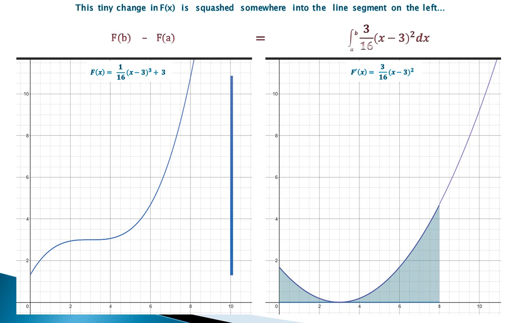This tiny change of f of x is squashed somewhere into the line segment on the left, that represents the sum of all dy's throughout the interval on f of x. This is the most crucial concept in the fundamental theorem of calculus.